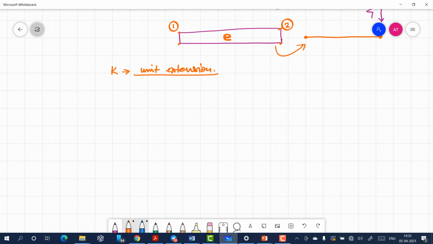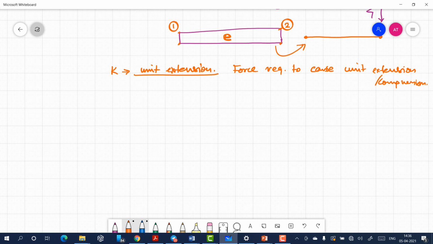So K is basically the force required to cause unit extension. So this extension can also be compression. It just means change in length, and it can be force appearing because of displacement also.